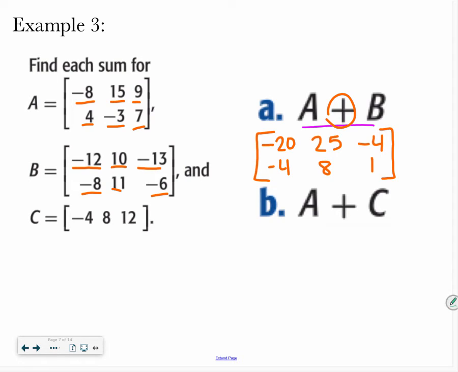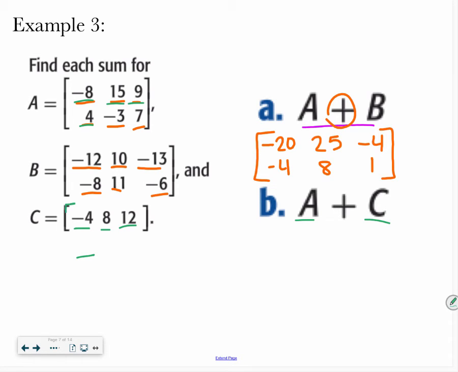Okay, letter B, matrix A plus matrix C. So I would do -8 plus -4, -15 plus 8, 9 plus 12, 4 plus, I don't have anything in matrix C in that same position.